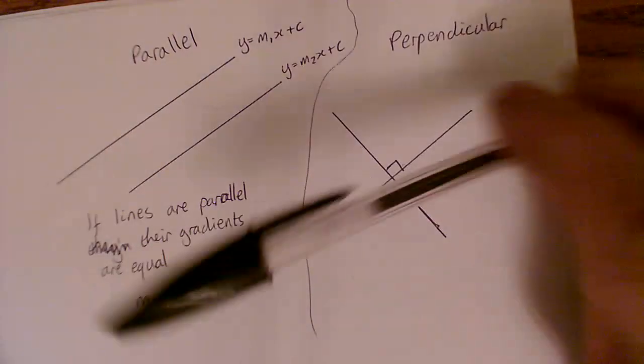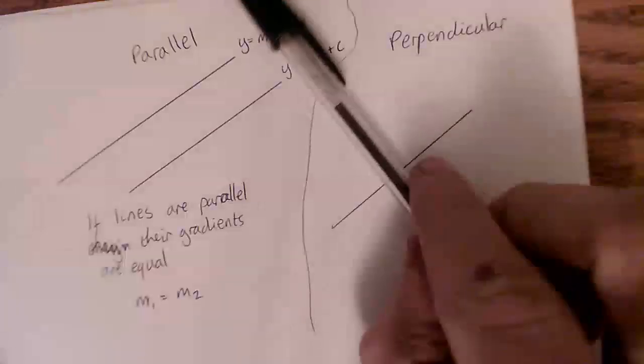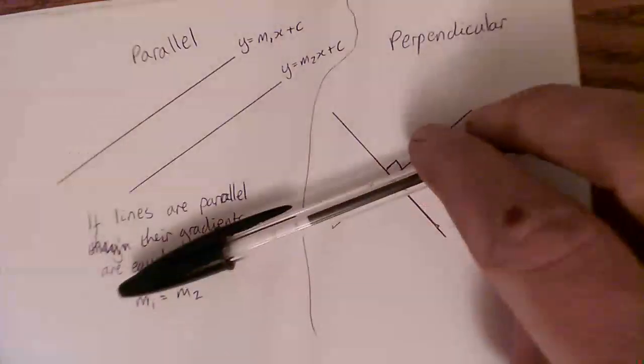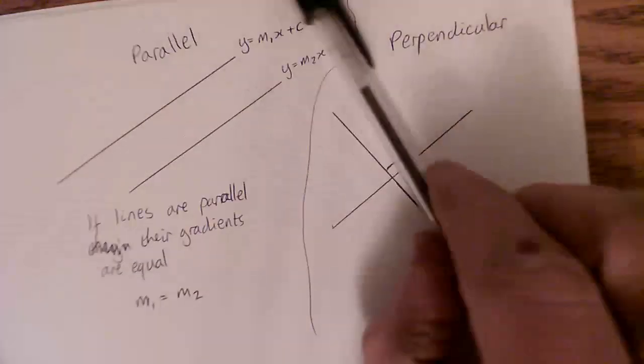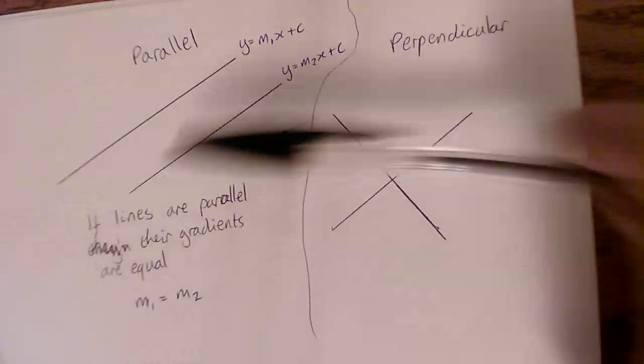The other thing that we're expecting is if the steeper this one is, then the shallower that one is. So we expect as one of them gets very, very steep, the other one to get much shallower.